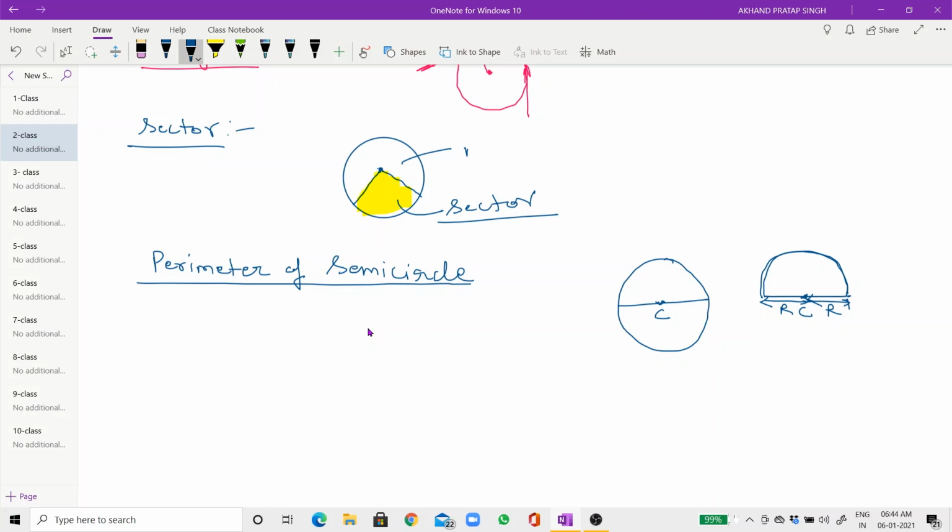Why? Because the whole portion will be considered as 2 pi r. So how to write the perimeter?